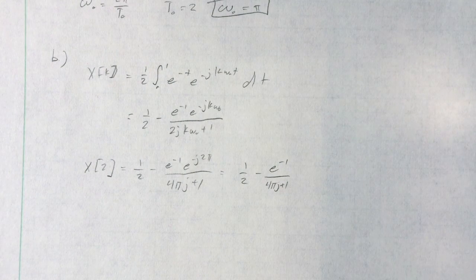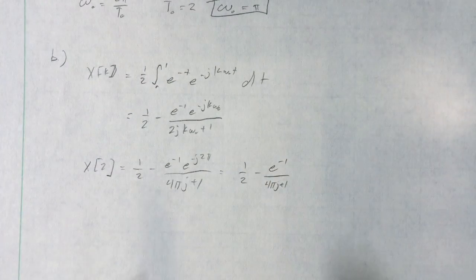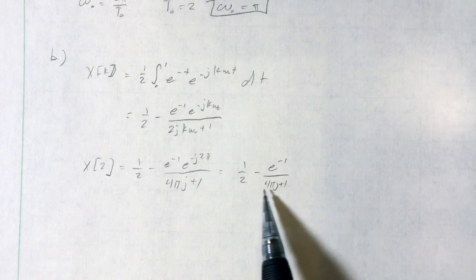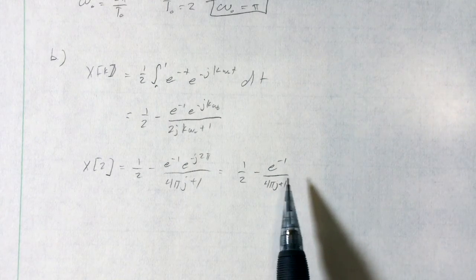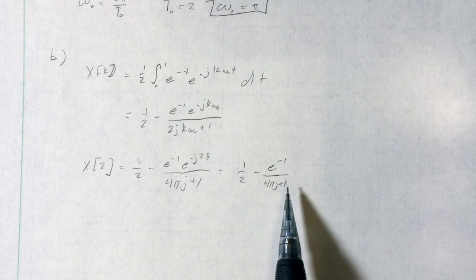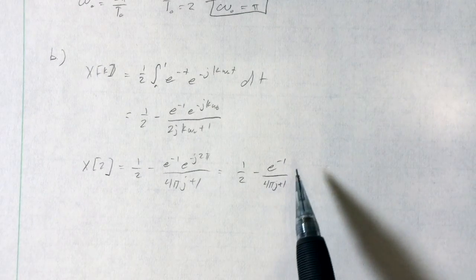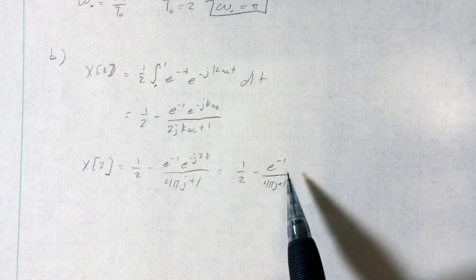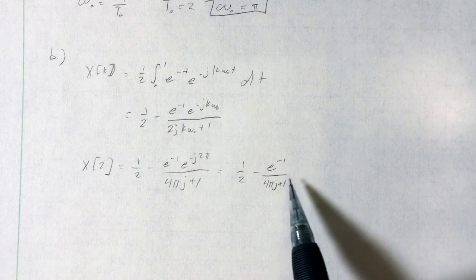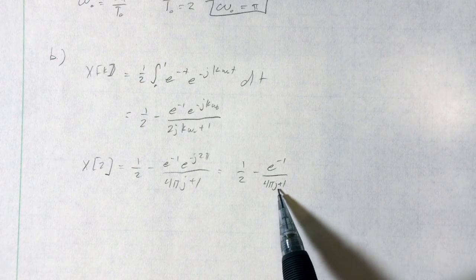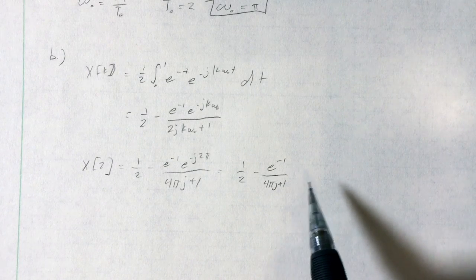But this is still not quite right because we have to break up the real and imaginary parts. The numerator is real, so there's not really anything to break up there. The denominator is complex, and we can break this up into its own real and imaginary parts by multiplying by its conjugate. So we'd multiply both sides of the fraction by 4 pi j minus 1. Oh, my bad.